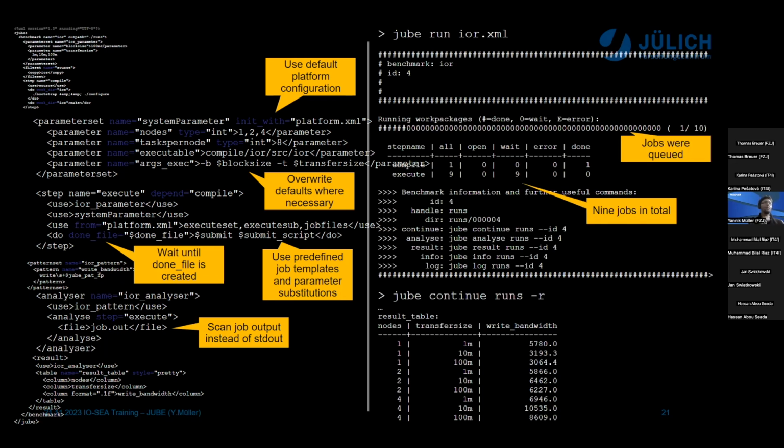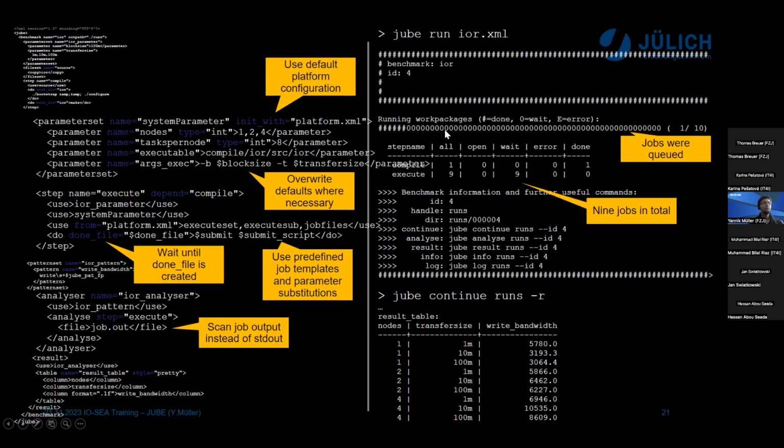Now, if we run it, we see that this time our jobs are not done yet. They're instead at the wait status. You can see this first of all here in the table, and while the table is not there yet, so basically while JUBE is still running, the line above it is like a progress bar.